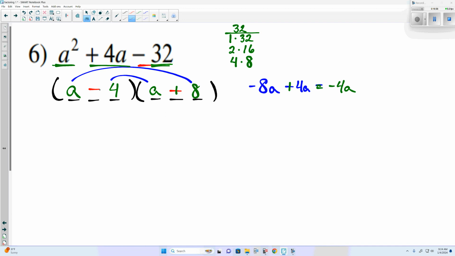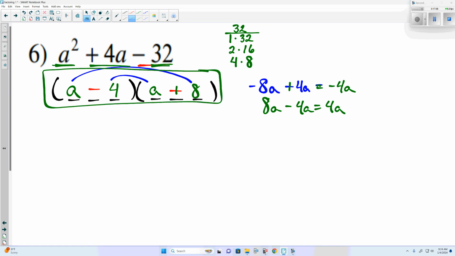And if I check this again, a times positive 8 would be positive 8a. Negative 4 times a would be negative 4a, giving us positive 4a. So a minus 4 times a plus 8 is the correct answer.